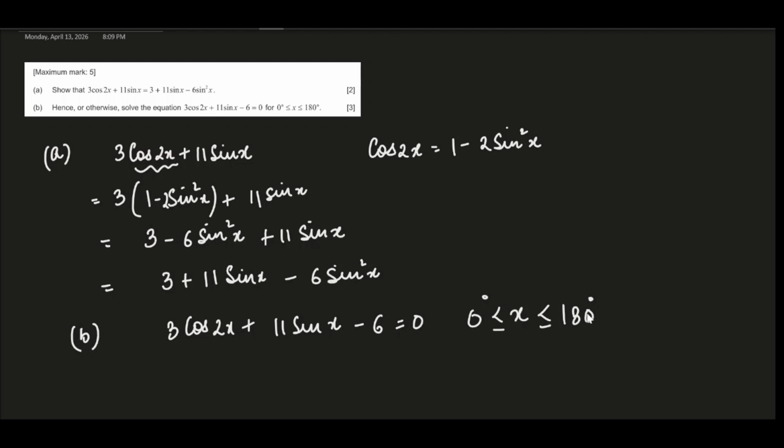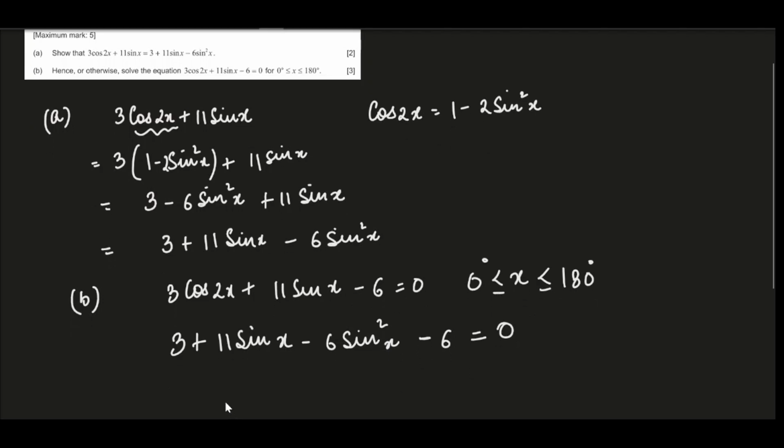See, here we will use the answer from part A. So using part A, we are going to substitute here. I have just rewritten it as 3 plus 11 sine x minus 6 sine square x minus 6 equals 0.